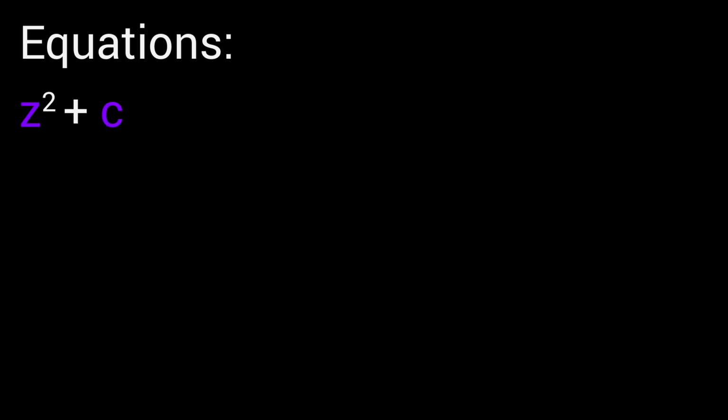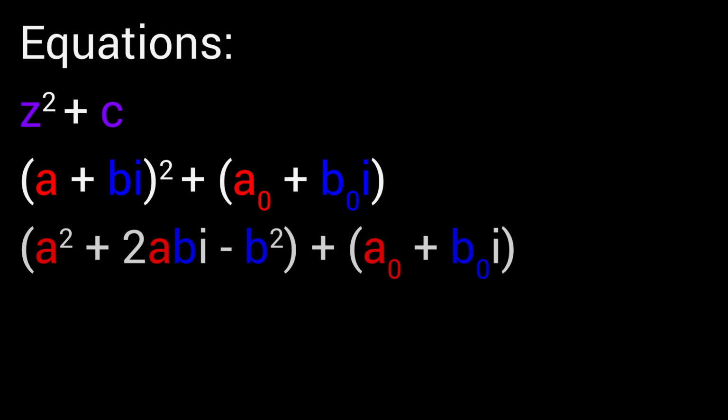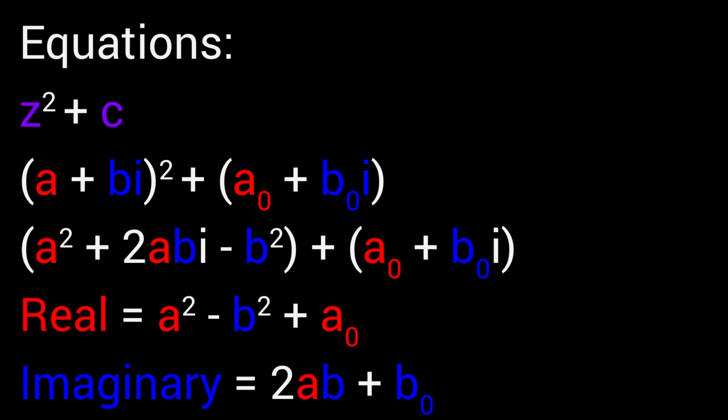The way that this is done is by writing out our equation, z squared plus c, with actual complex numbers. The goal here is to separate this equation into its real and imaginary components, which means we have to do some simple algebra. This results in the following equation, which can be separated into real and imaginary functions.